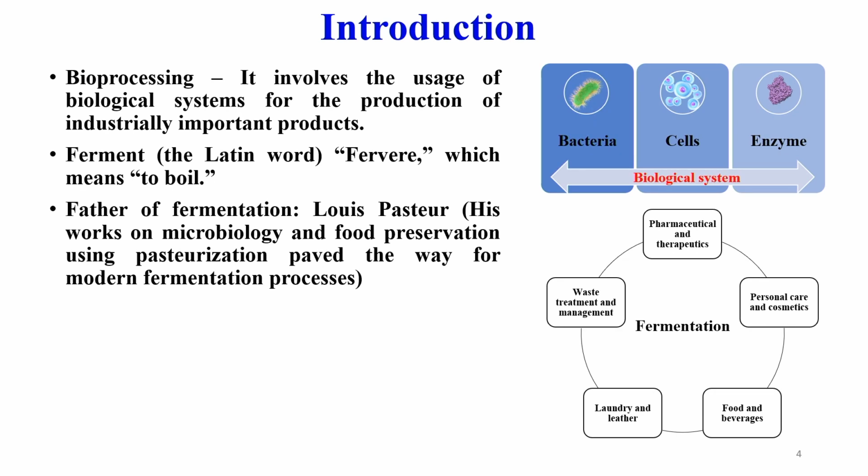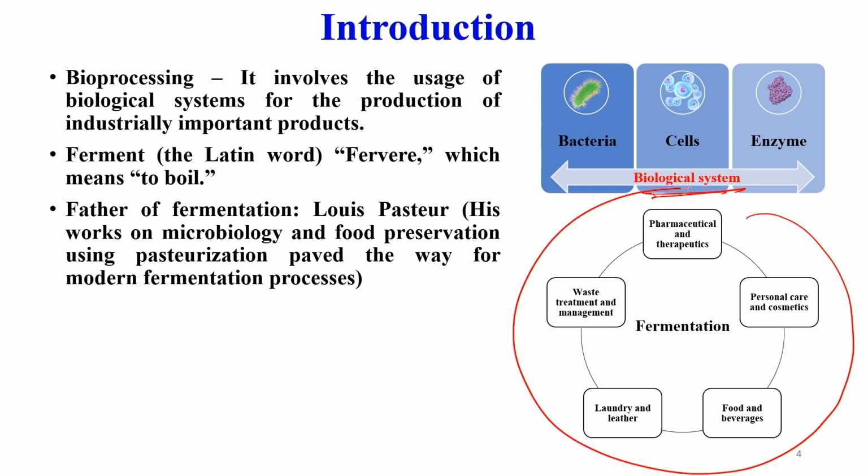So, in bioprocessing, as you are going to use these biological agents, maybe microbes, plants and animal cells or enzymes, they will convert the substrate into the product, and this process has been explored for the production of a broader range of metabolites, in pharmaceutical and therapeutics, personal care and cosmetics, food and beverage, laundry and leather industries, and waste management.